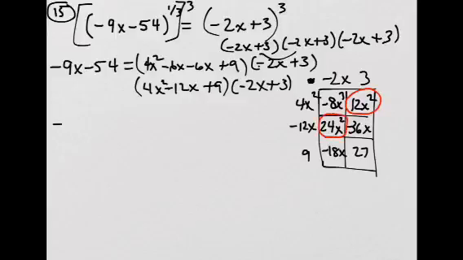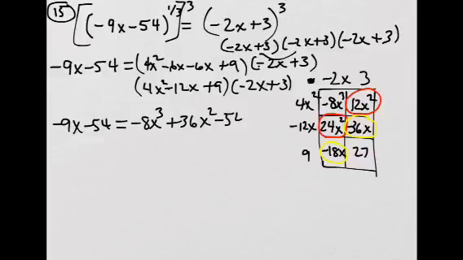So we have negative 9x minus 54 equals negative 8x cubed plus 36x squared. And then negative 36x and negative 18x are both like terms. So it's going to give me negative 54x plus 27. So now I'm going to add 9x and 54 to both sides.